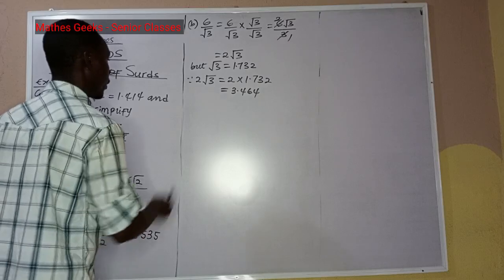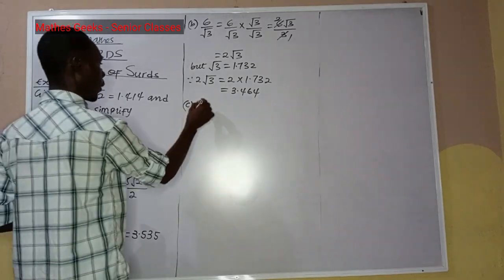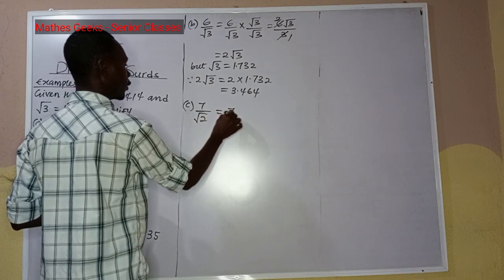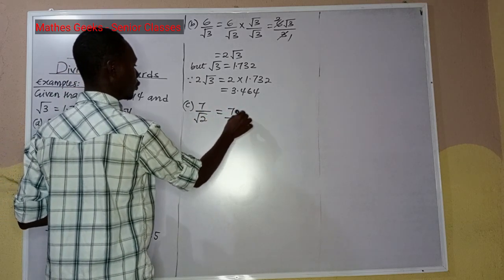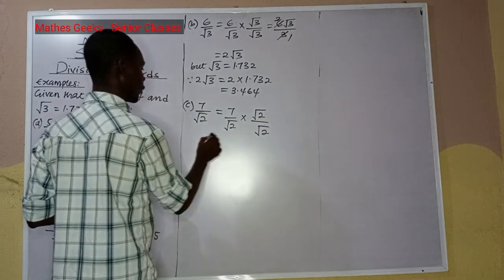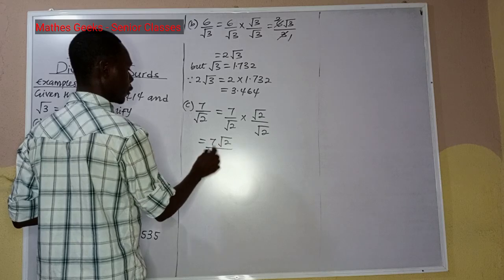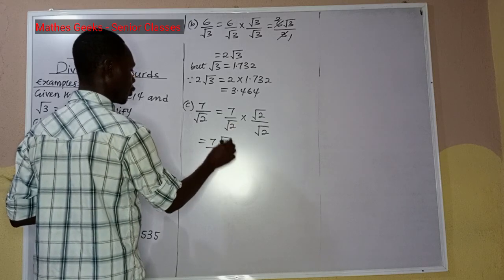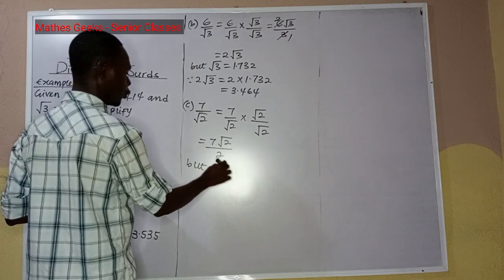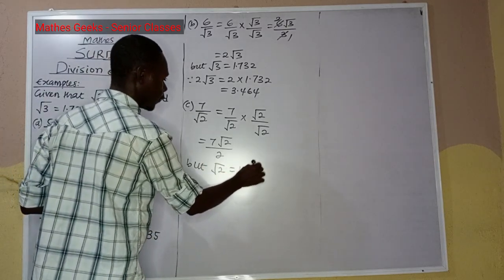And C, 7 over root 2. So 7 over root 2 times root 2 over root 2. 7 times root 2 over root 2 times root 2, which is 2. Then we say but root 2 is equal to 1.414.